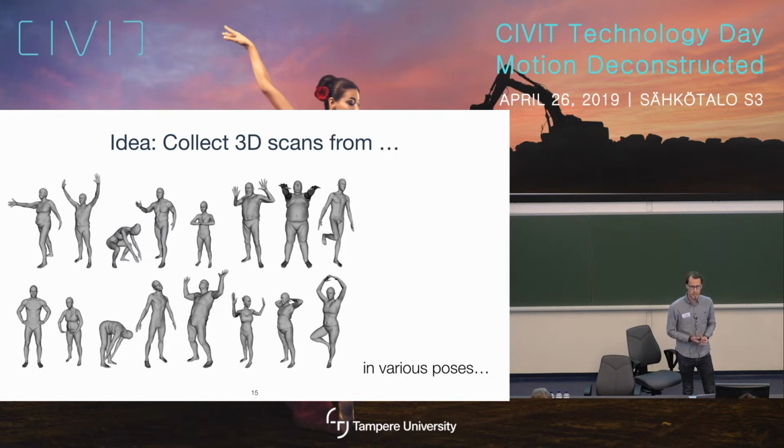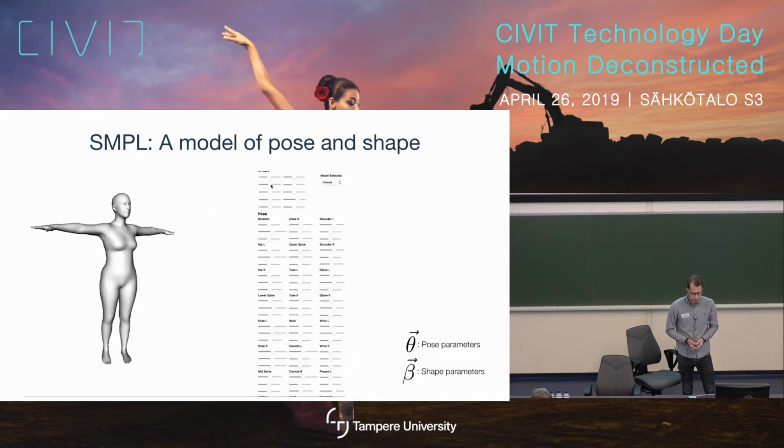So we get a data set of different shapes of people and different poses of people. What they finally built from these scans is a model of shape and pose. This is called SMPL. It has a set of pose parameters and a set of shape parameters, and with these two vectors in, you get a 3D shape out.